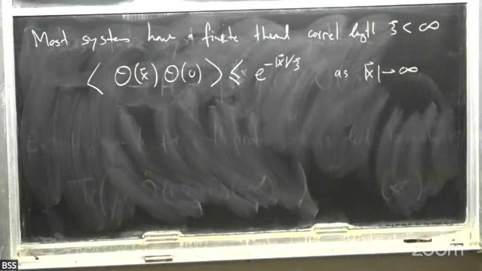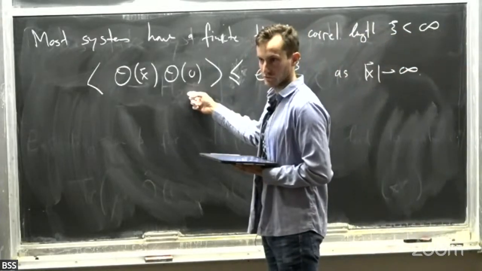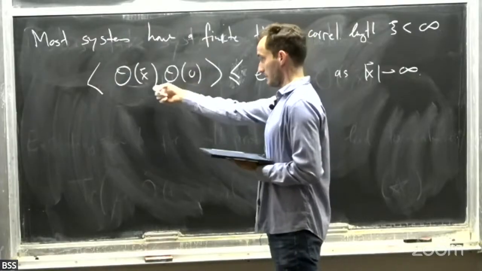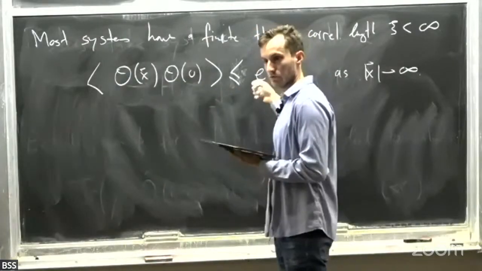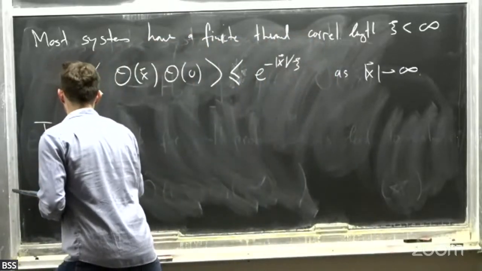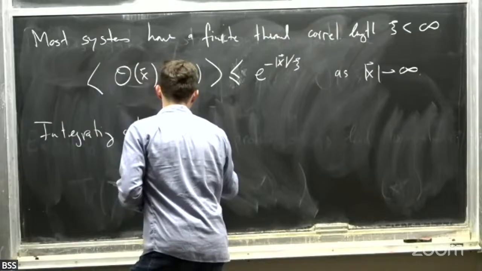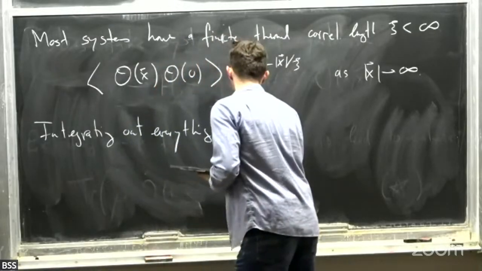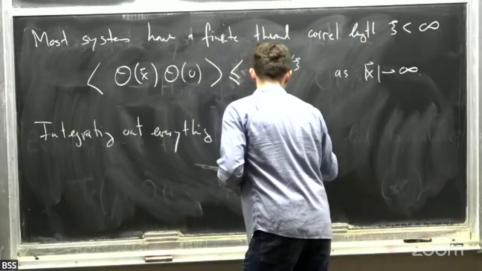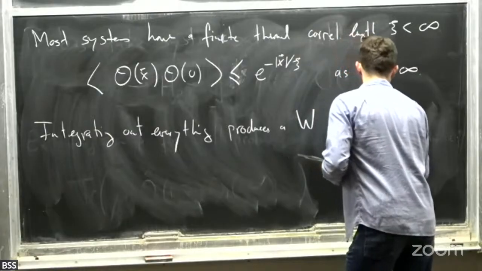Okay, and when this is the case, we can integrate out all of our degrees of freedom, and we'll be left with a local effective action for the sources, because the matter is in a sense gapped, or rather short range. So if this is true, integrating out everything produces a thermal effective action that is local in the sources.